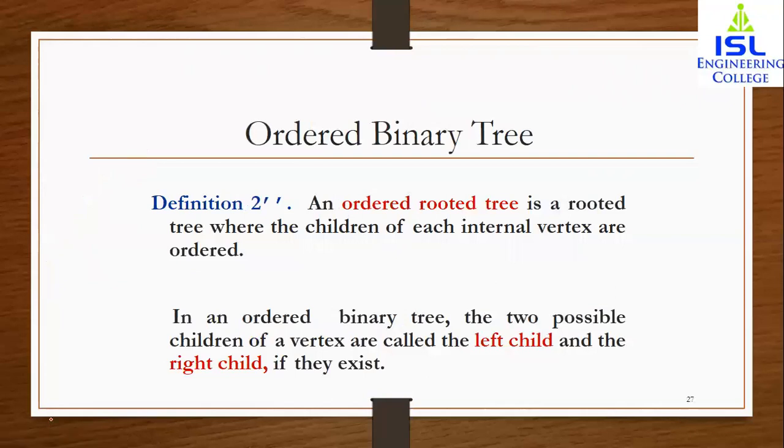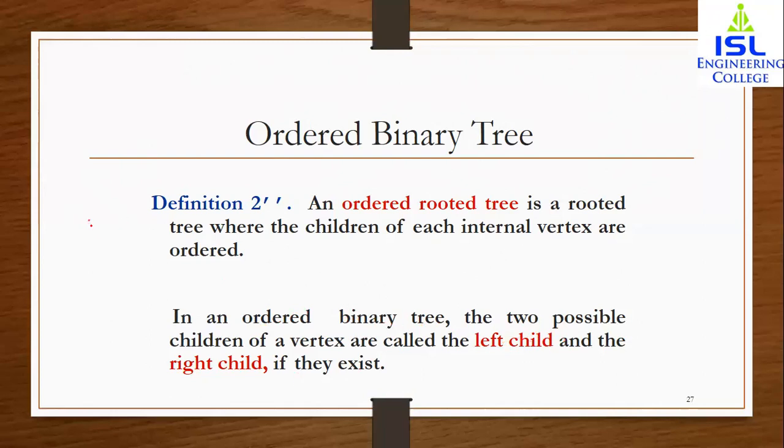Okay. Now after that, an ordered rooted tree is a rooted tree where the children of each internal vertex are ordered. Now what does this mean? A rooted tree where the children of each internal vertex are ordered. In an ordered binary tree, the 2 possible children of a vertex are called the left child and the right child if they exist.